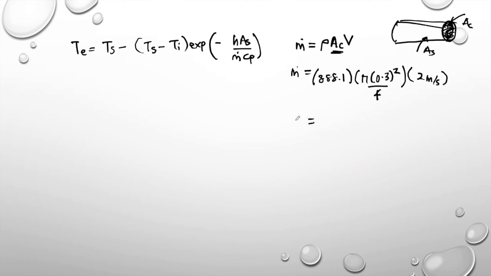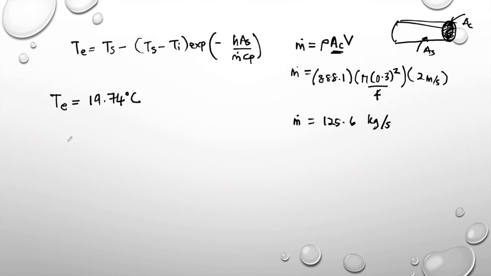So you will get your mass flow rate is 125.6 kilogram per second. So substitute all the values here inside this, and you will get your Te is equal to 19.74 degrees Celsius.